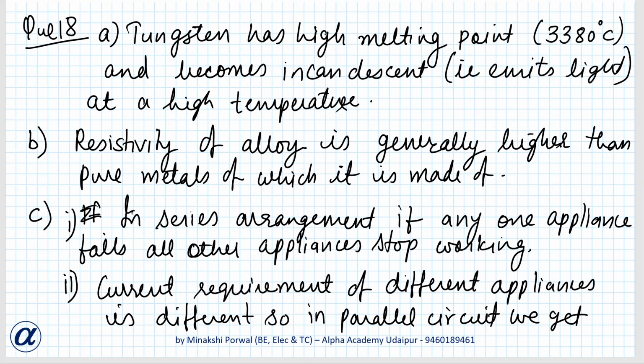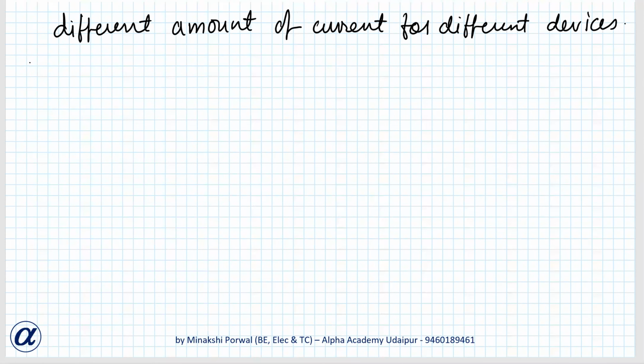So series arrangement is not used for domestic circuits. Then D1. How does the resistance of a wire vary with its cross-sectional area?